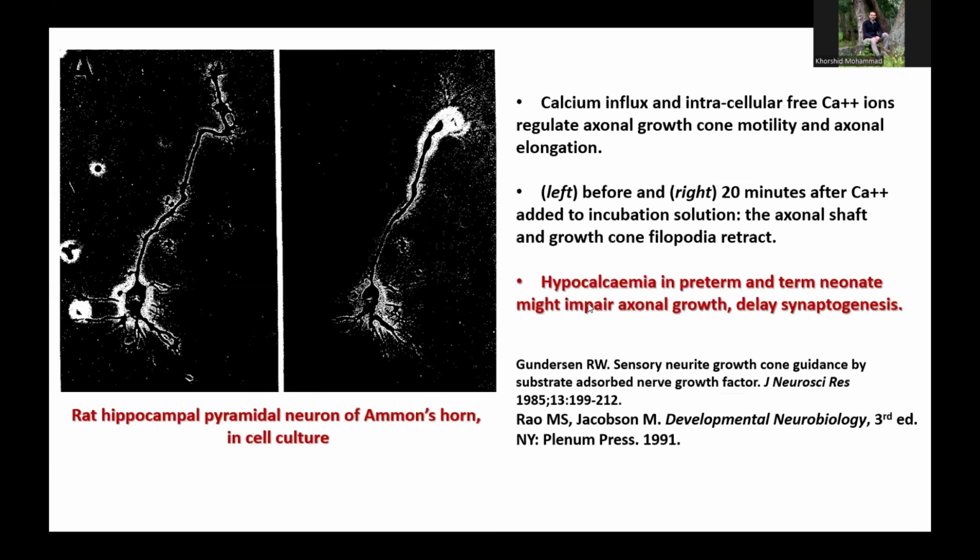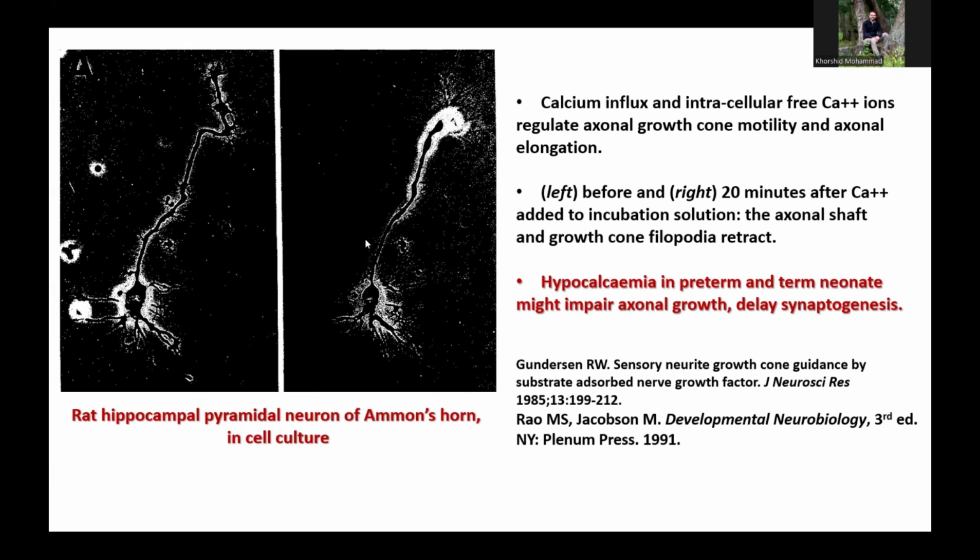ultrastructural changes as well. Now, if you take a neuron in tissue culture and you add calcium to the incubating solution, what happens is that you get collapse of the growth cone and retraction of the axon so that it actually shortens.